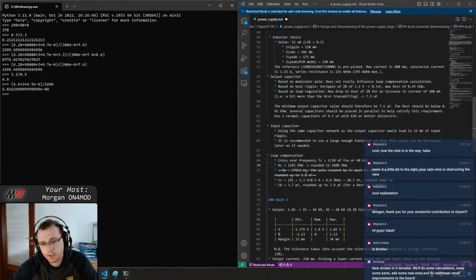And here it gives a CC of 58 nanofarads, which we are gonna round.